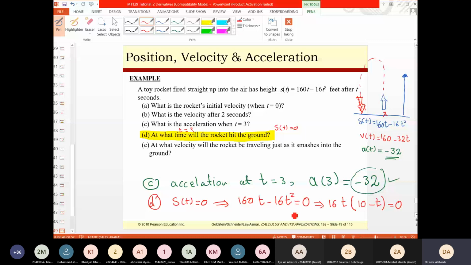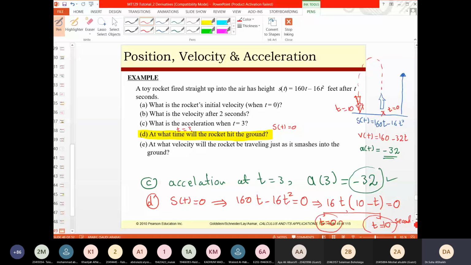So this will lead me to two things: either 16t is 0, which means t is 0, or 10 minus t is 0, which means t is equal to 10. So when will it be on the ground? Twice. The first time when the time is zero, and the second time when t is 10, after 10 seconds. This answers the question.